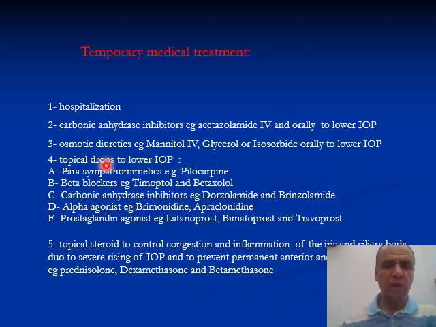Please compare the topical drops used here with the topical drops used to treat primary open-angle glaucoma. You can see the difference: pilocarpine is used here as a first choice to abort the mid-dilated pupil, to make a constriction of the pupil and create the passage for aqueous from the posterior to the anterior chamber.